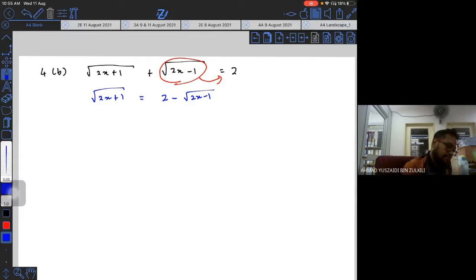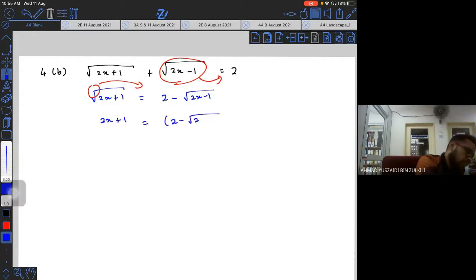Next. Transfer the square root to the other side. Square 2x plus 1. This side, everything must be squared.